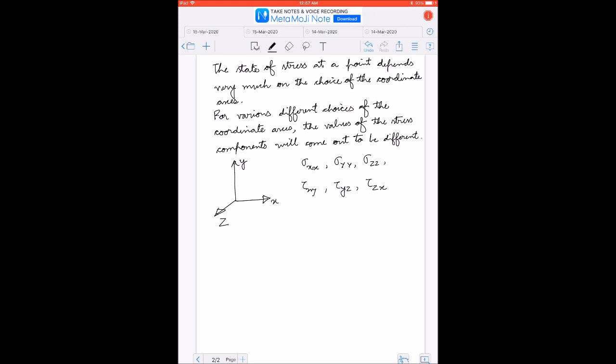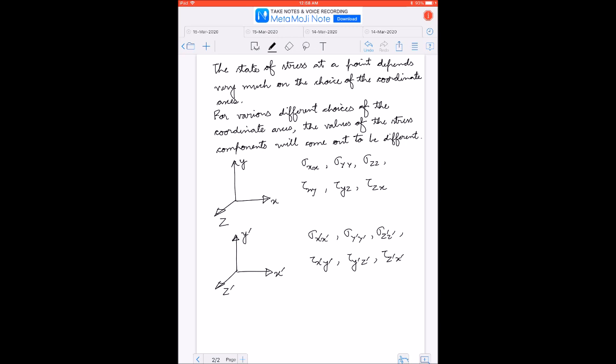And suppose we use a different set of coordinate axes, x dash, y dash, z dash, then sigma x dash, sigma y dash, sigma z dash, tau x dash y dash, tau y dash z dash, and tau z dash x dash will be the stress components referred to this new set of coordinate axes.